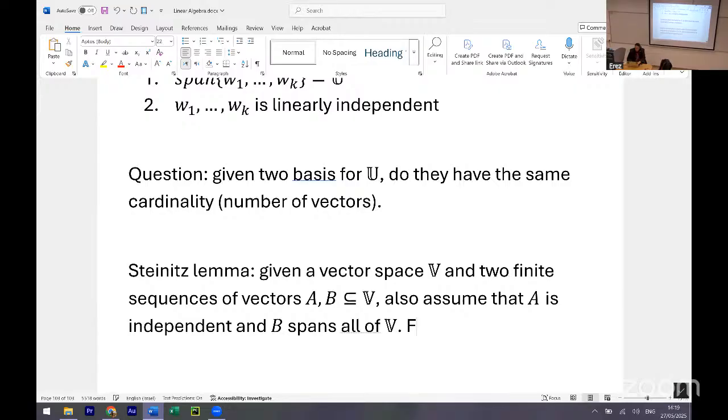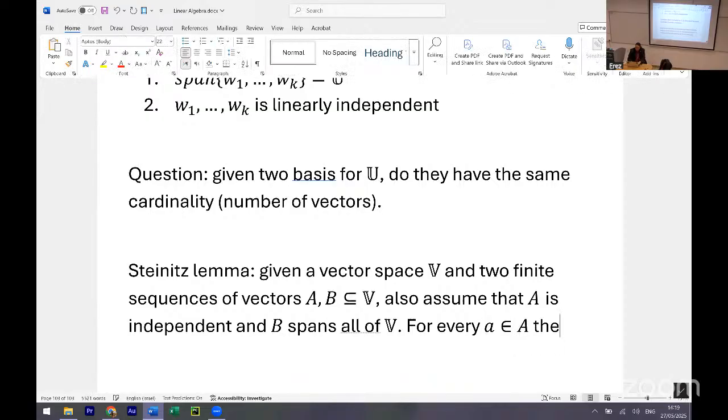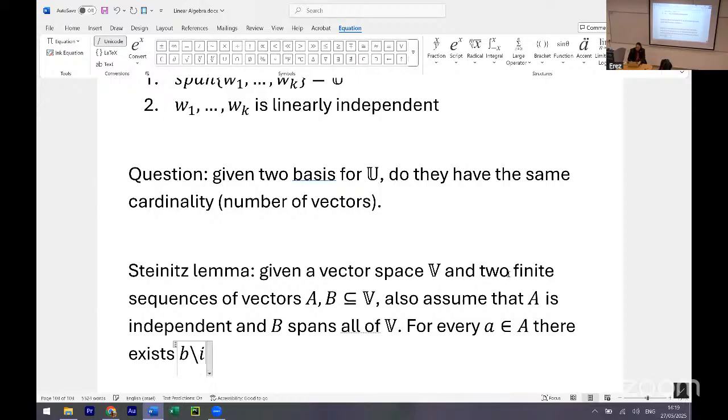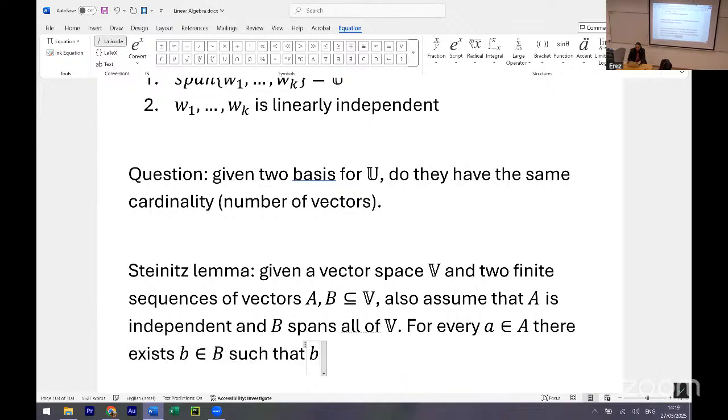So for every vector A within A, there exists, again the logic complexity, a vector B within the sequence B, such that... When we say B spans all of V, we mean the span of B equals V. Exactly. Such that B is not within A without A.